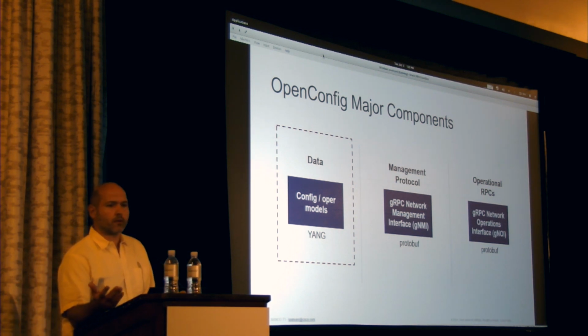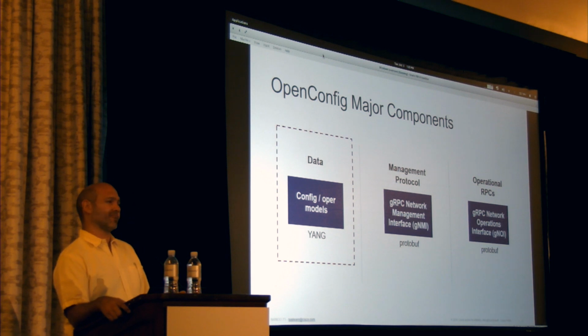These operational RPCs would allow you to run commands remotely on the device. Examples of that would be clearing statistics and counters on the device or initiating a ping from a device. So at least so far, there are 3 main tracks that they are working on. One of them is the data models. The other one, as I said, is the management interface, how to do configuration management with a set of RPCs that they define and that uses gRPC, and also the operational RPCs.